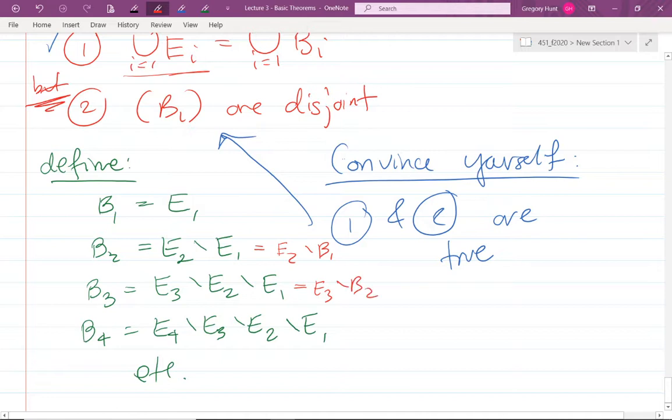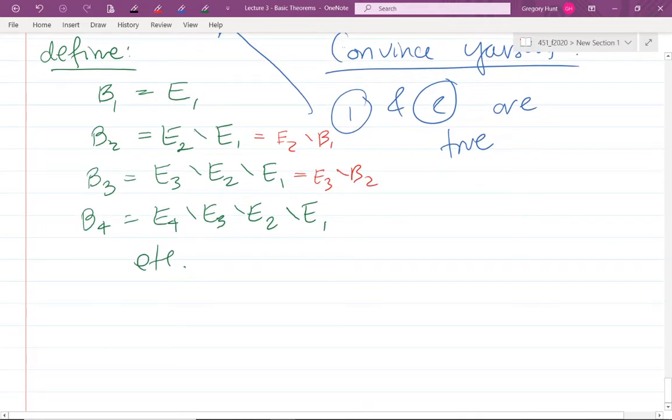So B2 and B3 are disjoint, and since 1 and 2 are disjoint, and 2 and 3 are disjoint, we're all good, right? And so forth. If it's in, say, B3, it can't be in B4, because B4 is basically E4 minus B3. And it can't be in any of the previous ones because we explicitly subtracted those off. So they're both disjoint, and they have the same union as the E sub i. They're like this better version of the E sub i.